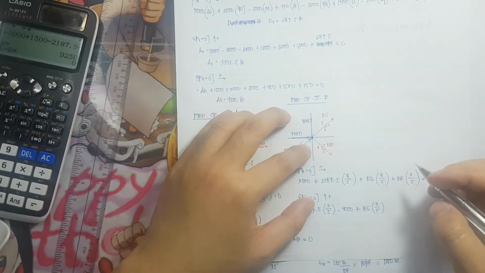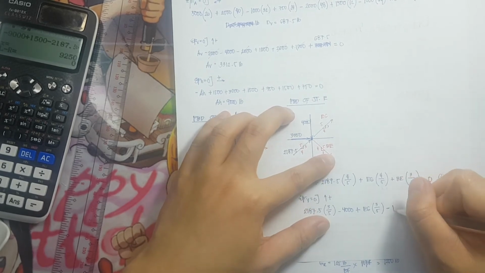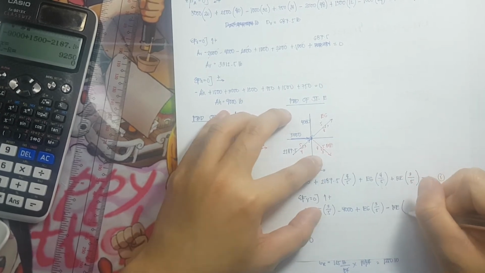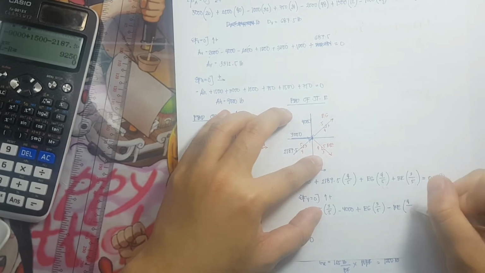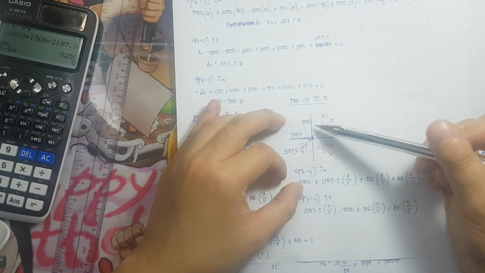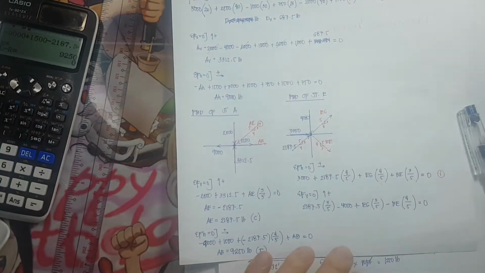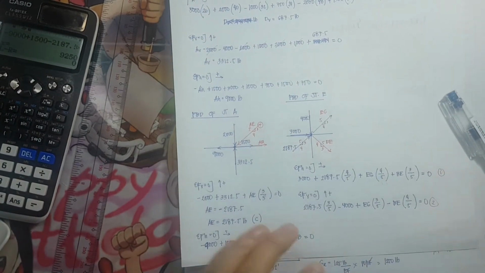Then we have here BE. It is pointing downward, so that is minus BE times the vertical component of 4 over the square root of 5. And equate it to 0. And this is my second equation.